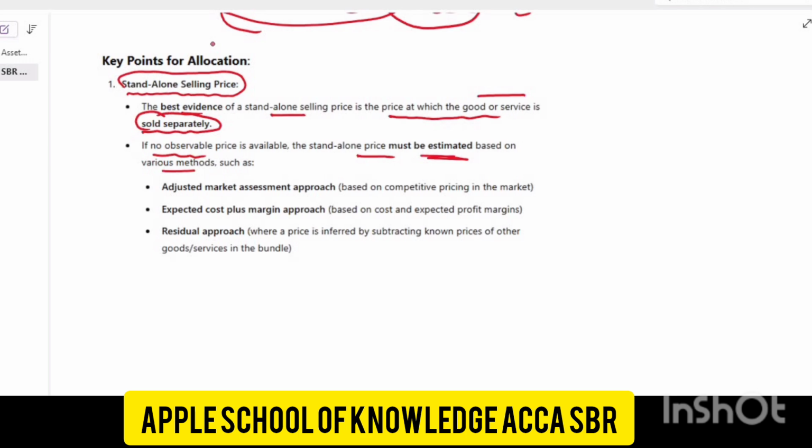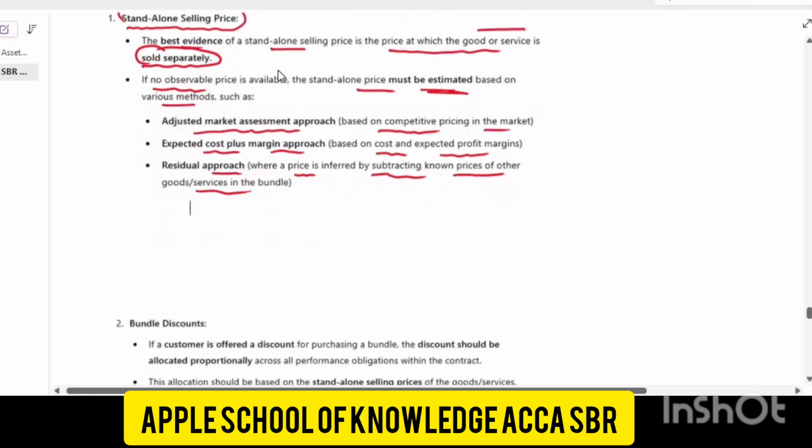Number one, the adjusted market assessment approach, based on competitive pricing in the market; the expected cost plus margin approach, based on cost and expected profit margin; and then the residual approach, where the price is derived by subtracting the known prices of other goods or services in the bundle.